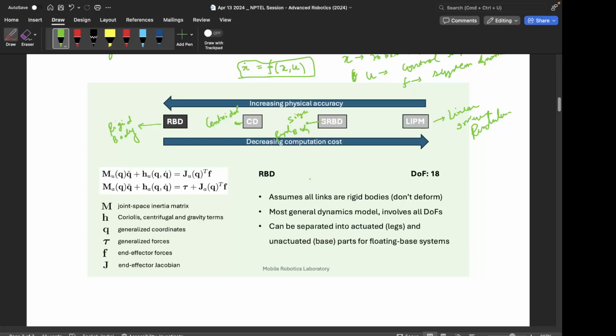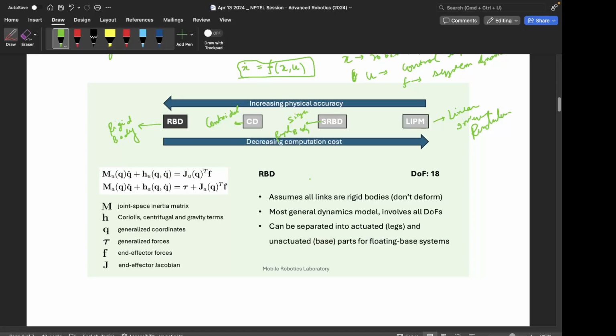So rigid body dynamics is the most general form. The only assumption here is that all the links are rigid bodies, that is, they don't deform, they are not compliant bodies, right? And joints are frictionless. So very standard and a small number of assumptions here. This involves all the degrees of freedom of the robot, so total 18 degrees of freedom, right?